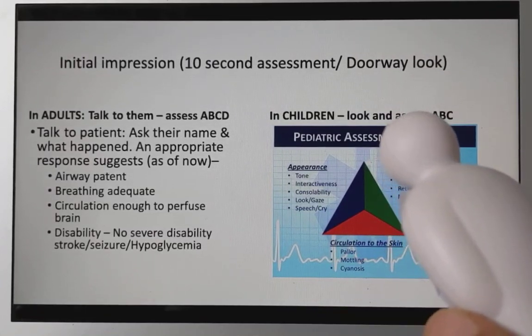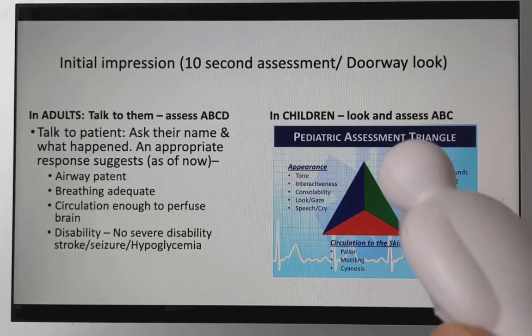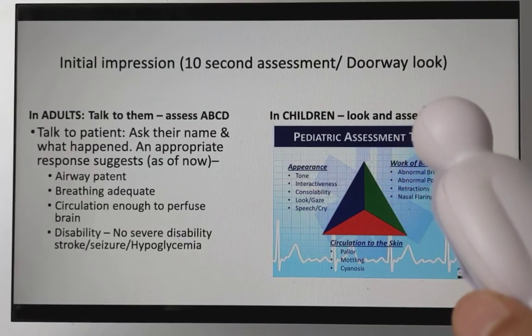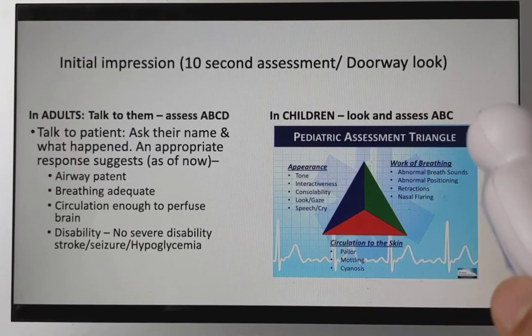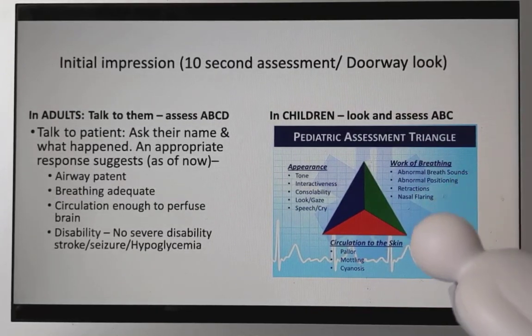They would look happy, maybe interacting and playing around, so that is their appearance. If a child is happy and comfortable, you won't necessarily even notice their breathing, and their color would look pink and nice.